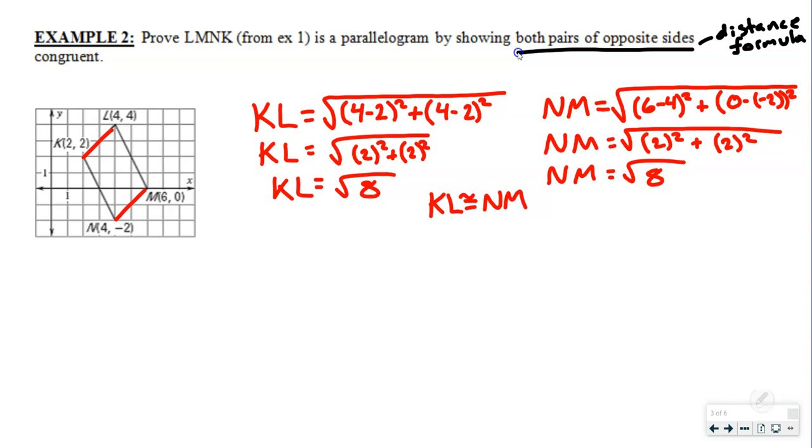And then we need to show the other two sides. So let's look at KN.